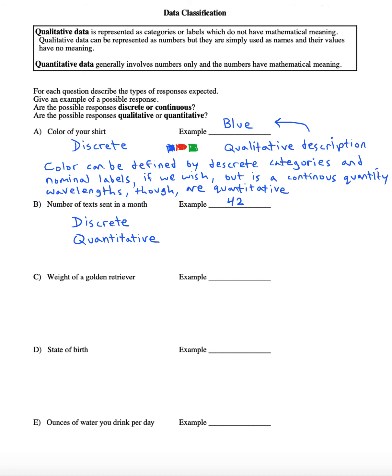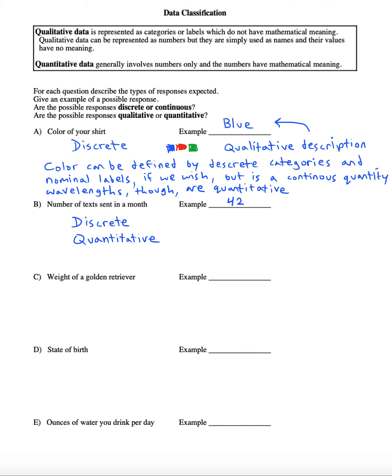Now, how do we know that the numbers have meaning? If you were to take the numbers that are on athletic jerseys, for example, those don't have any mathematical meaning. They're just labels that each player wears. If you were to think of zip codes as well, these are numbers which are assigned to certain areas, but there wouldn't be any mathematical calculations you could make that would have any meaning.